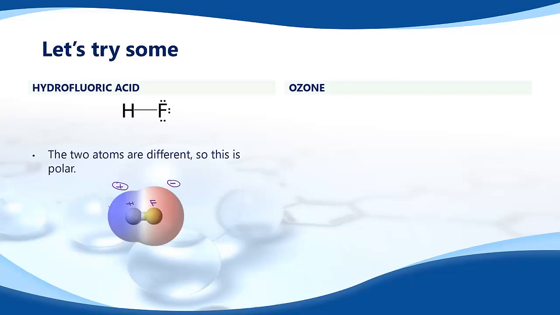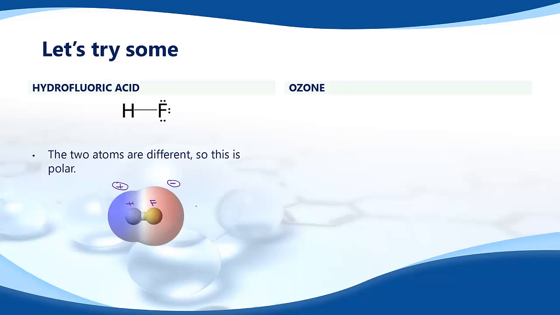Notice how one side of this molecule is positive, the other side is negative. That's how this diagram works. You'll see a few more of these as we go through, but this is a useful tool to show you what it really does look like. Fluorine, because it has a very high electronegativity, wants electrons badly, so it's going to take as many as it can get.